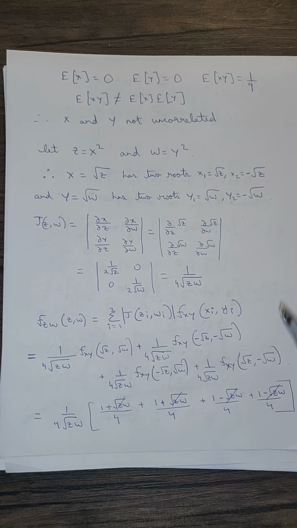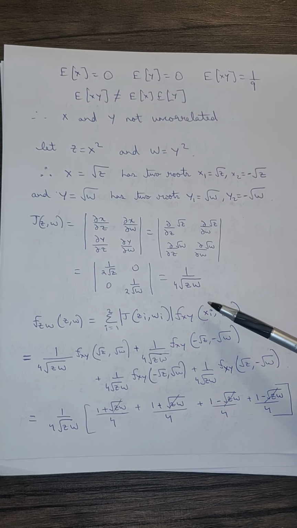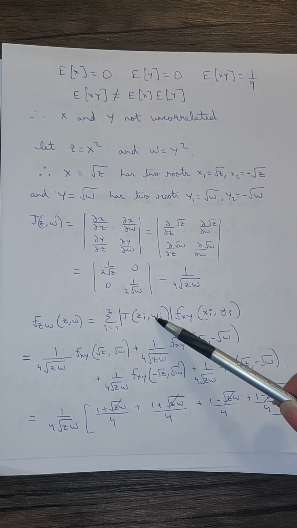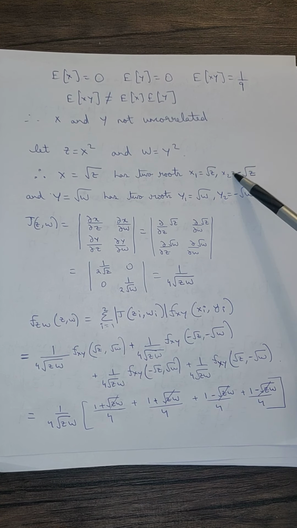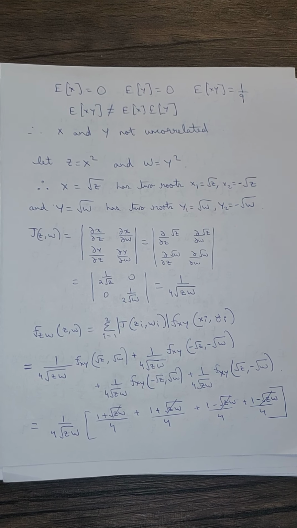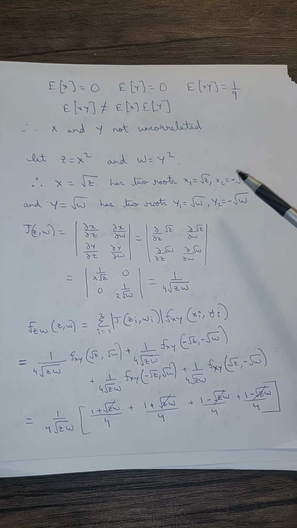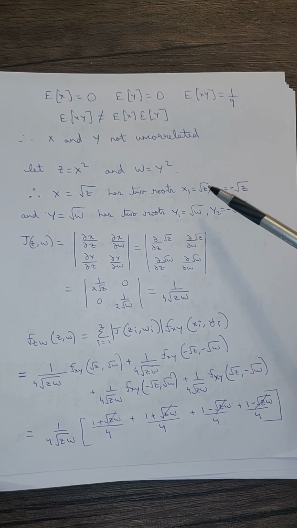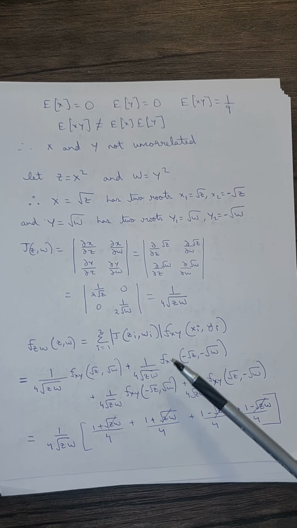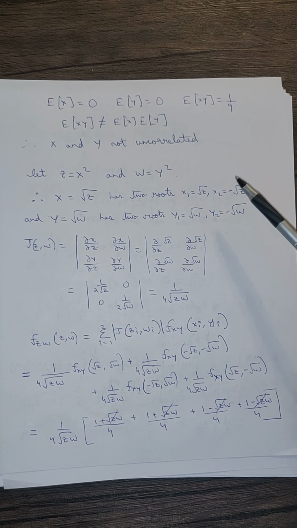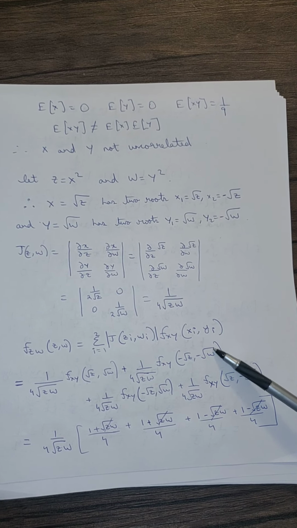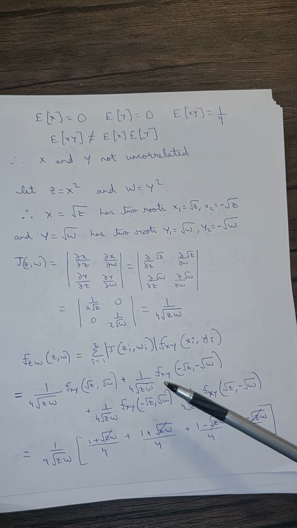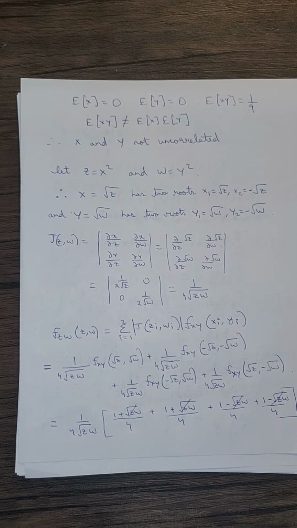So substituting them in the formula, here the Jacobian is taken as an absolute value. First, here we have two roots of x and two roots of y, so there are four combinations possible: x1 equal to root z and y1 equal to root w, which is the first one, x2 equal to minus root z and y2 equal to minus root w, and similarly minus root z, root w, and root z, minus root w.